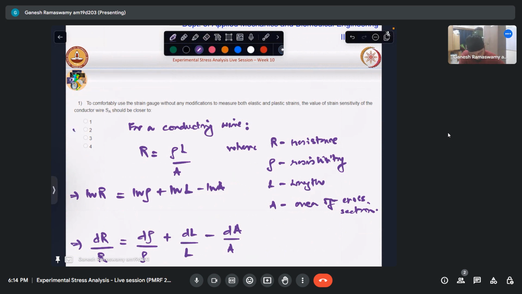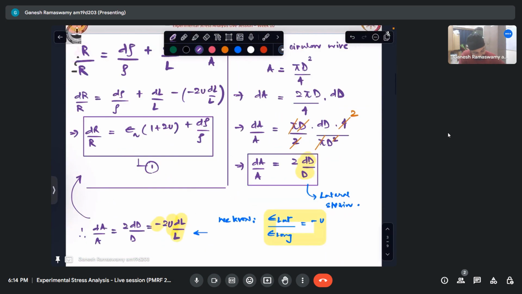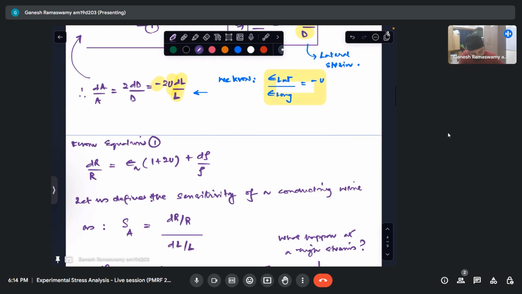So this has to be close to 2 in order for us to be able to use it comfortably without any modifications. So I suppose that is clear. This was just a bit of an aside to understand the thing clearly.